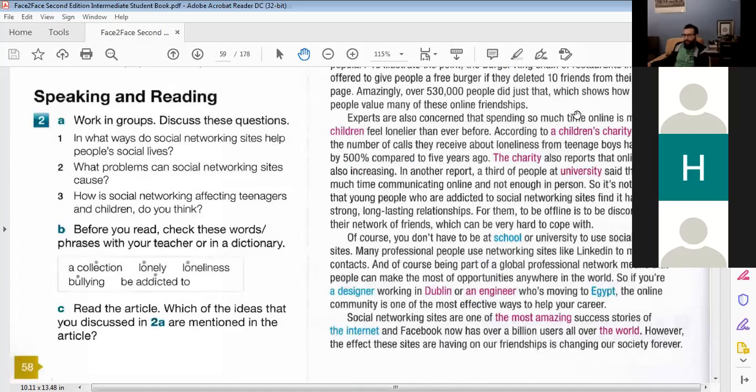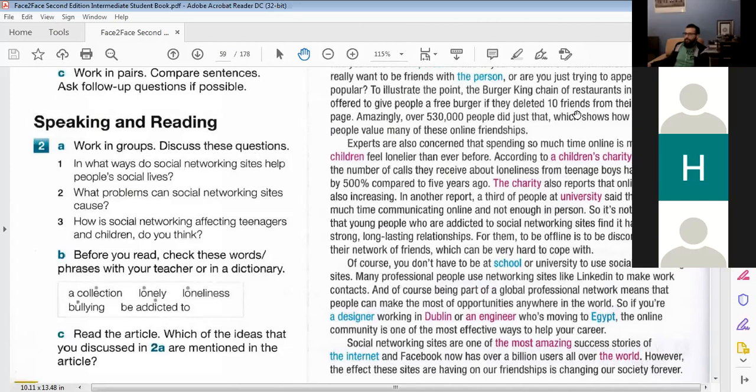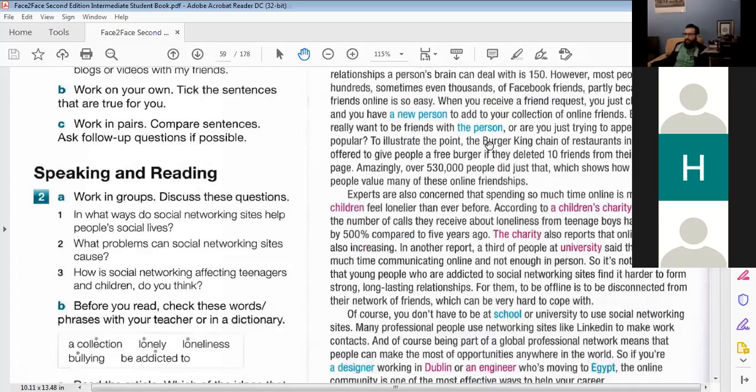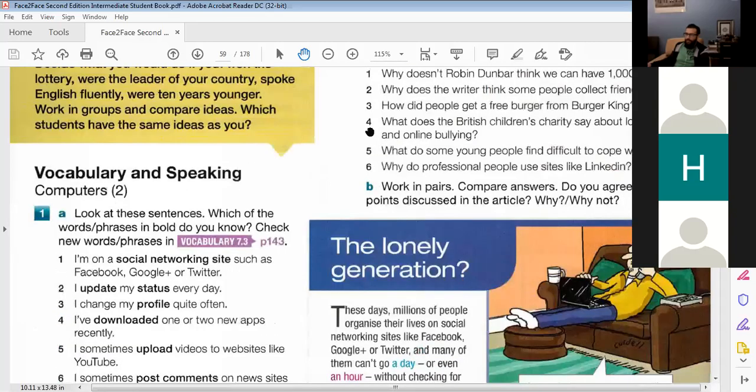That's another reason why many people just want to add friends. You just send a request, request a friend, and they confirm. That's it. It's easy to add friends online, not like in real life.